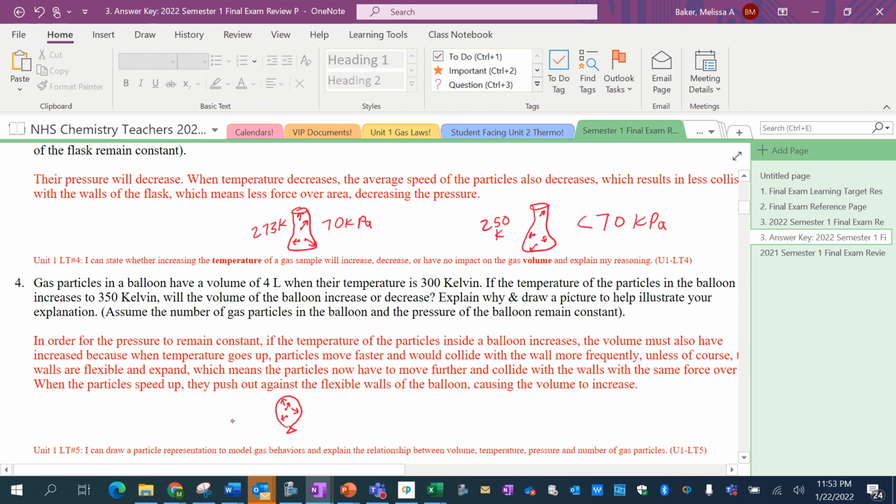Okay, this is 300 Kelvin, 4 liters. And then we're going to need to show it bigger because at 350, they're moving faster. So the volume must have gone up in order for the pressure to stay the same.